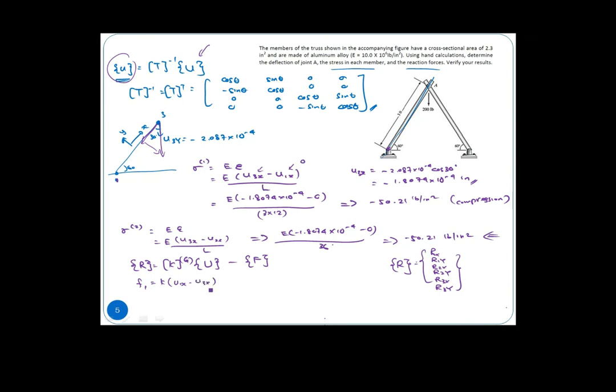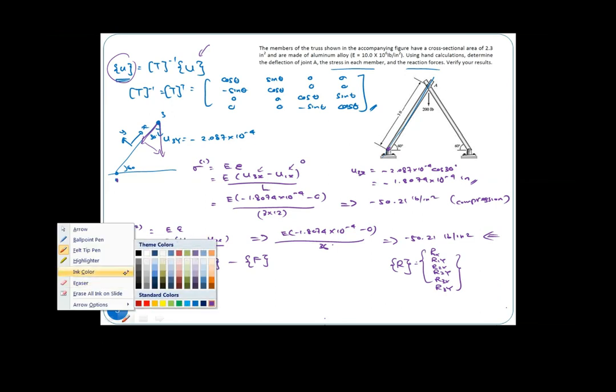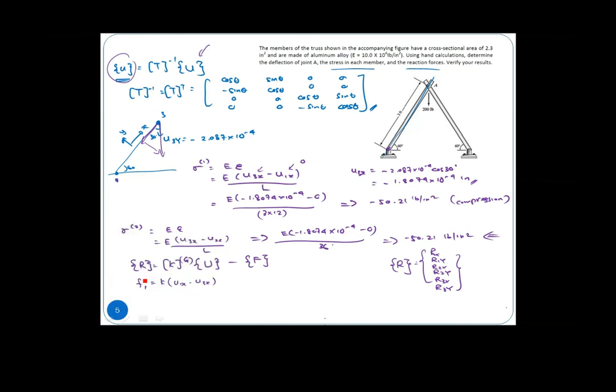If you are looking into this particular point itself, the F1 here is like what I mentioned to you, K times U1x minus U3x.